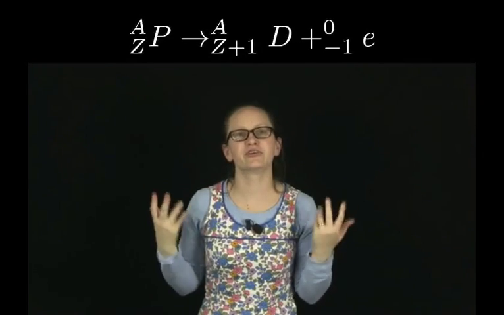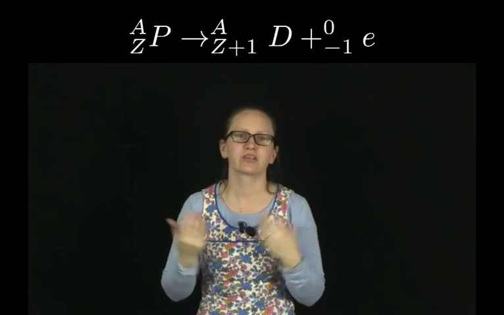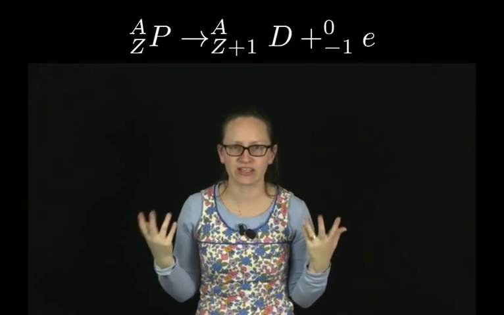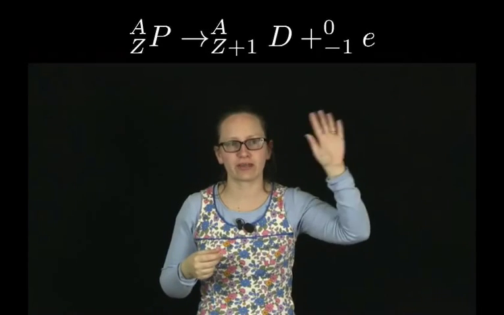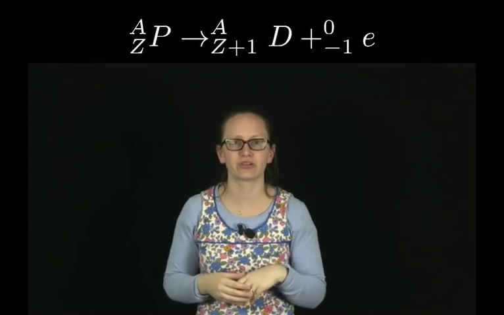So let's now use E equals mc squared to calculate the amount of energy released when thorium-234 undergoes beta decay. The question is: one atomic mass unit is 1.6605 times 10 to the minus 27 kilograms.